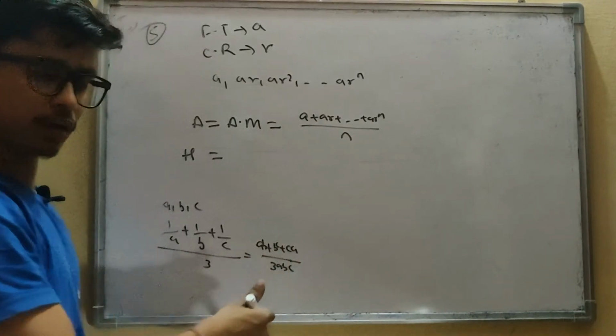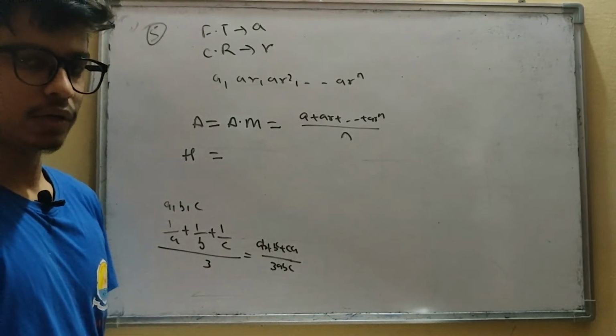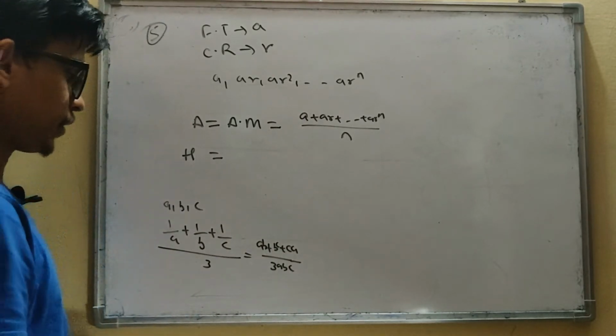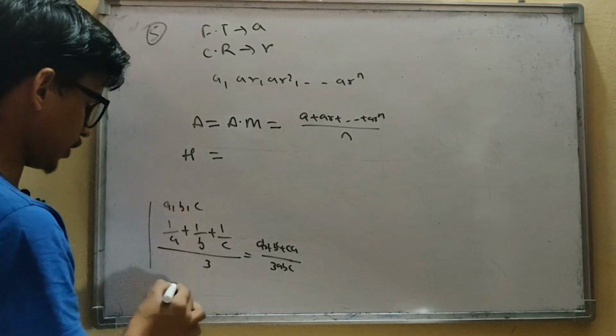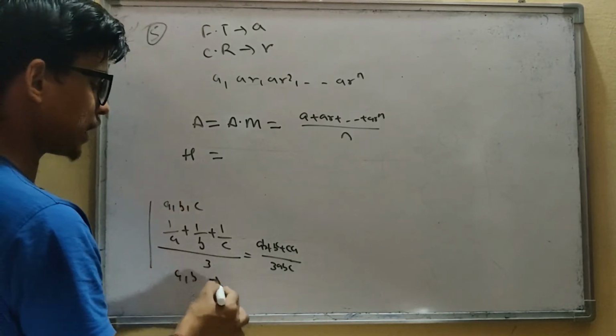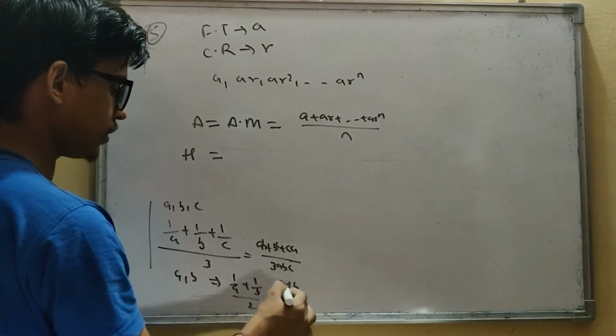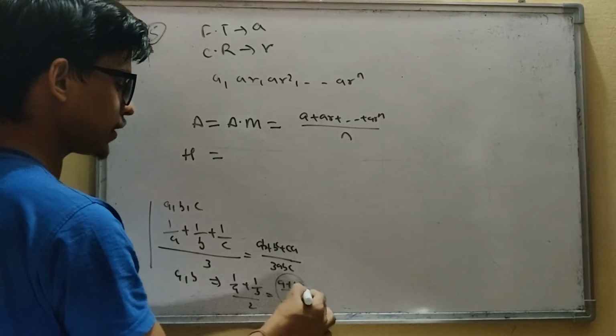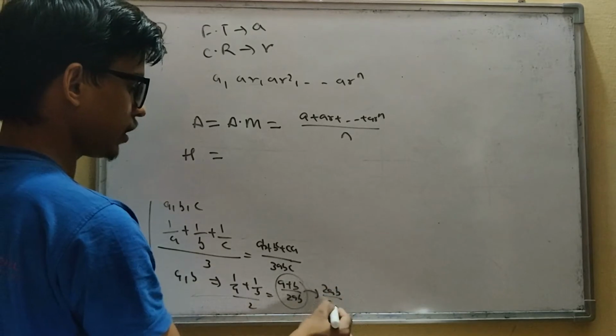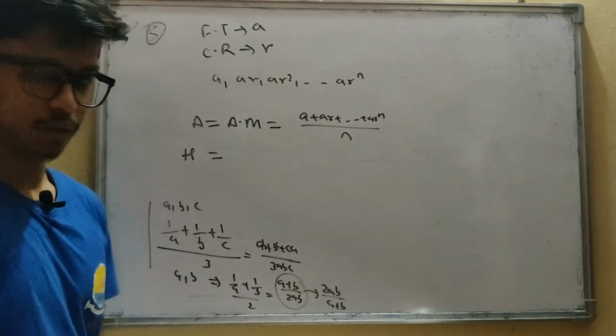And now again take the reciprocal of it. This is how we calculate harmonic mean. You may have remembered for 2 terms A and B, the harmonic mean is 1 upon A plus 1 upon B divided by 2. So it is going to be A plus B by 2AB. Now take the reciprocal of this, so 2AB upon A plus B. This is how harmonic mean works, right?